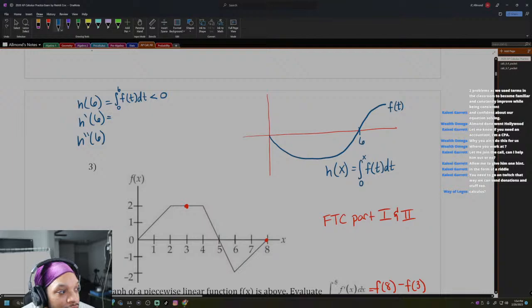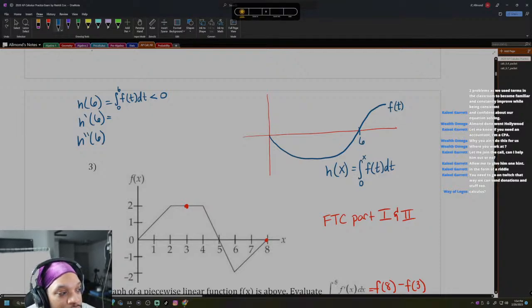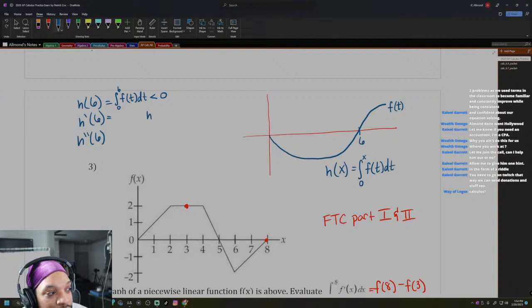h prime of 6, however, is the derivative of h evaluated at 6. So what's the derivative of this stuff right here? That stuff is an integral, and the derivative of an integral is just the function itself. So you can define h prime of x to be equal to f of x.